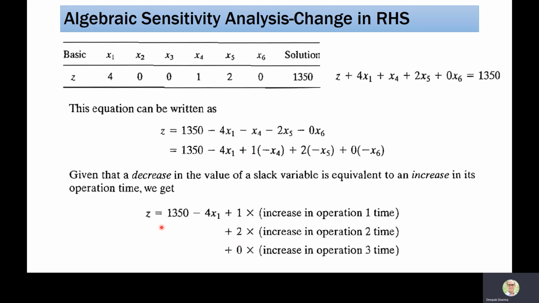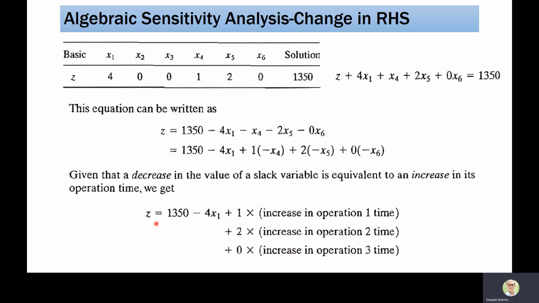Now look at the equation given at the bottom. Suppose you increase the right hand side of operation 1. In that case the value of x1 will be 0, because it is non-basic for the current problem. Second, as we increase just 1 minute for operation 1, we do not change anything for operations 2 and 3.